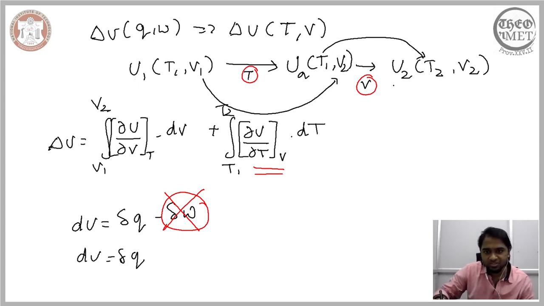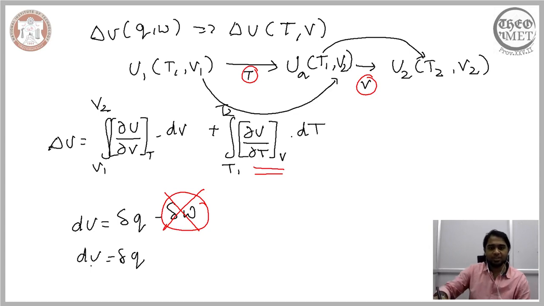So in transition 2, represented by the second term here, the change in the internal energy that happens as a consequence of the change in the temperature is equivalent to the amount of heat transfer.